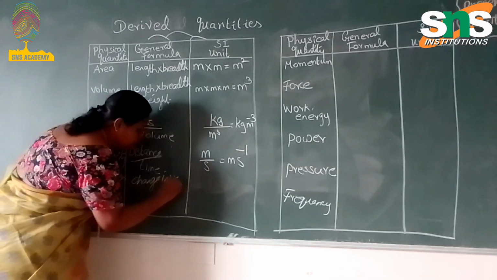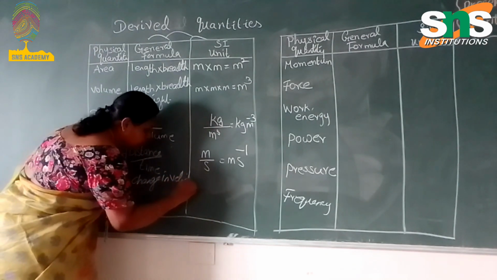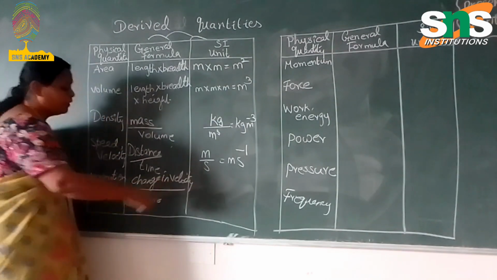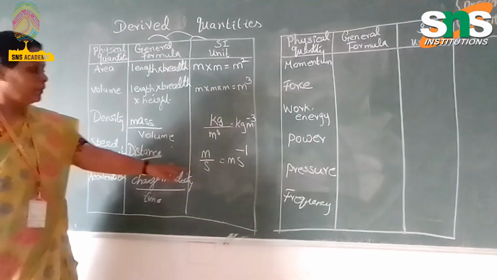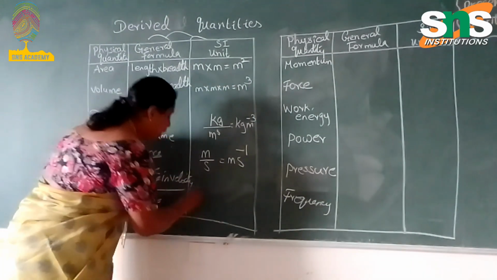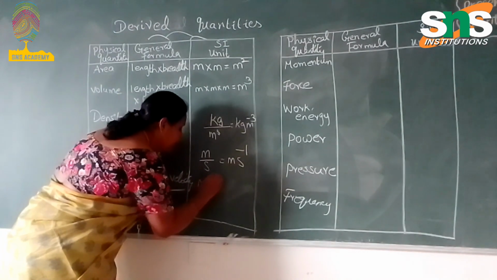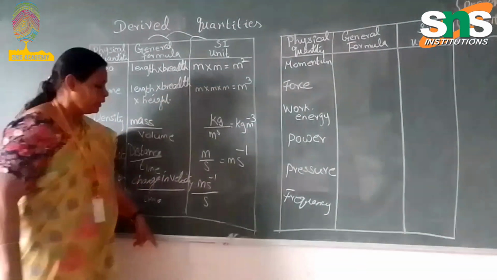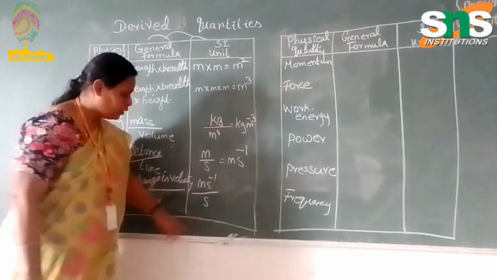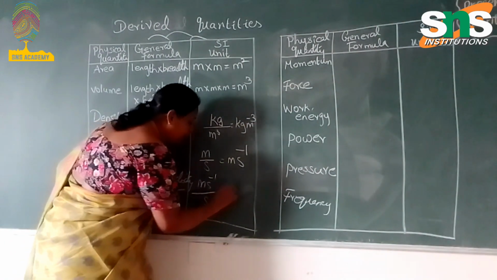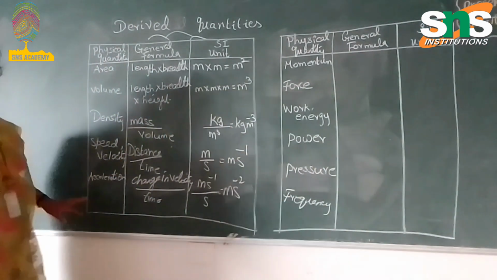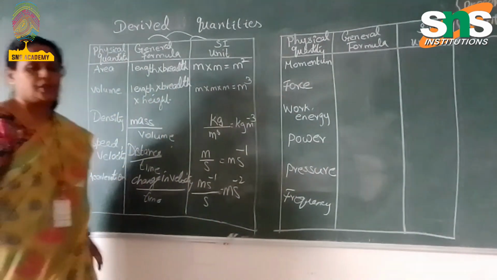What's the unit for velocity? m s power minus 1. So, I have to write m s power minus 1 divided by, for time, s. If I carry this denominator to the numerator side, it will become m s power minus 2. So that is the SI unit for acceleration.